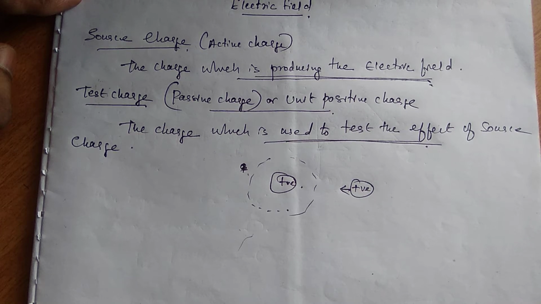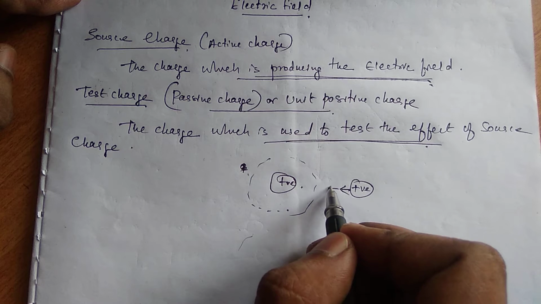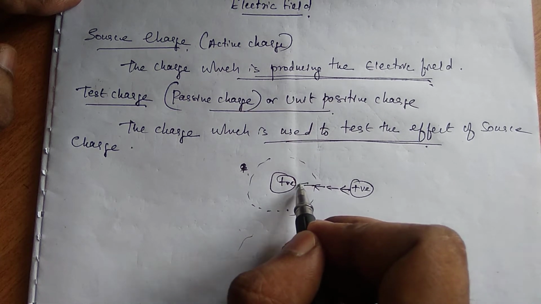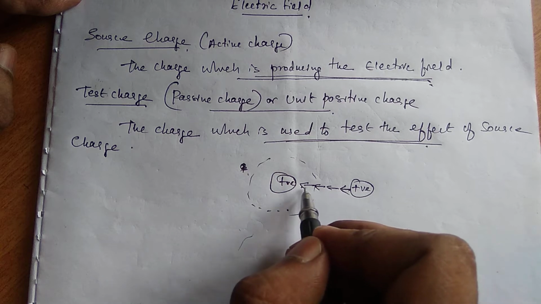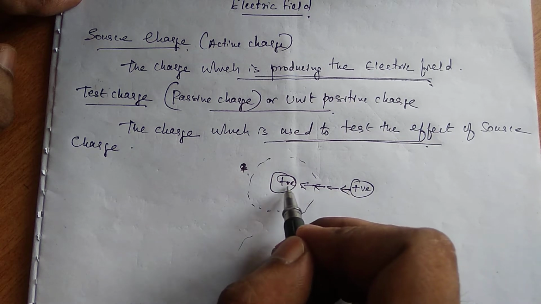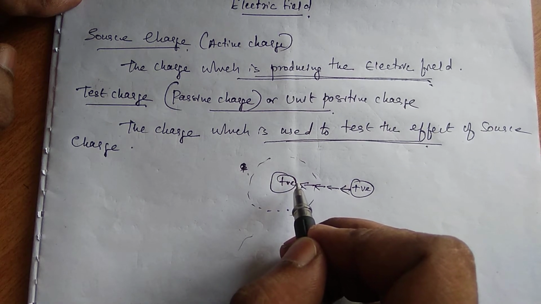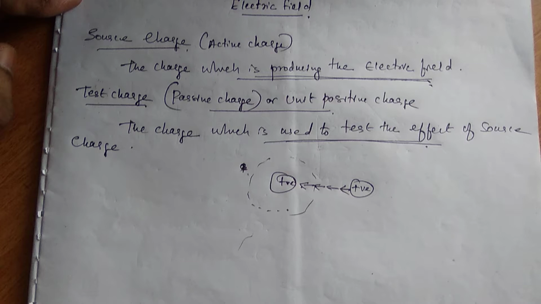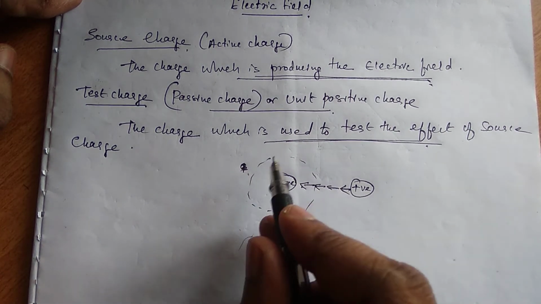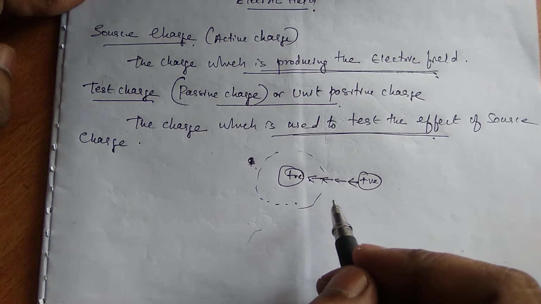It will repel. Its repulsion will increase when it moves towards the source charge. So this surrounding is called electric field.